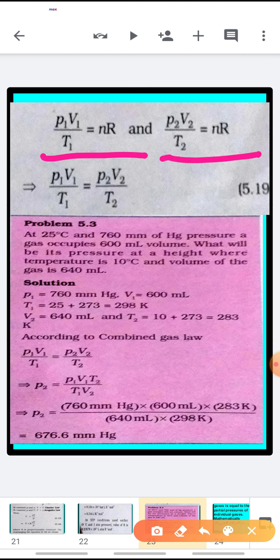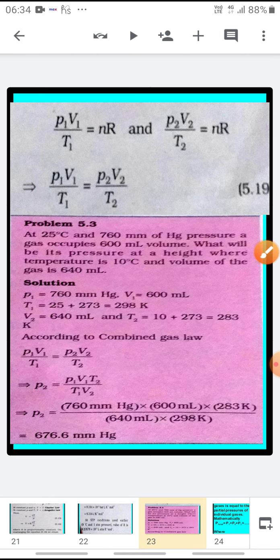Similarly, for the other, P2V2 upon T2 is also equal to nR. That means we can equate the two and say P1V1 upon T1 equals P2V2 upon T2.